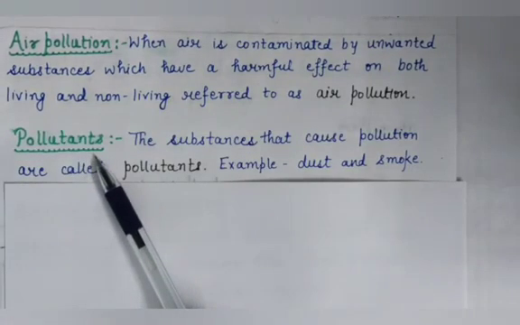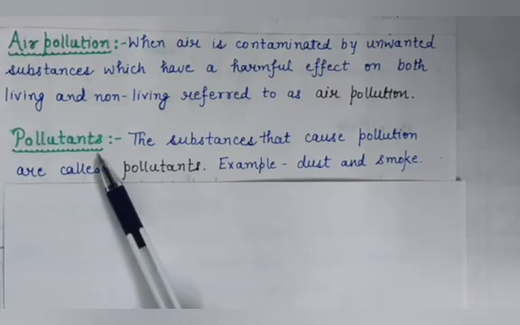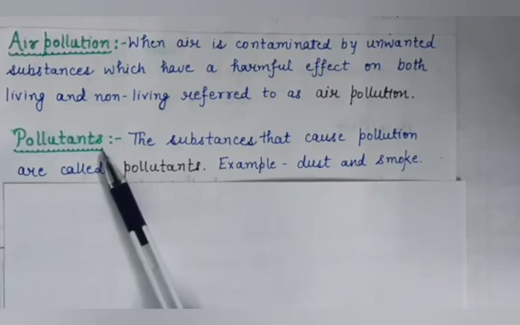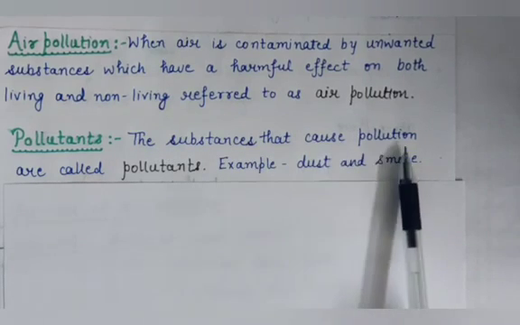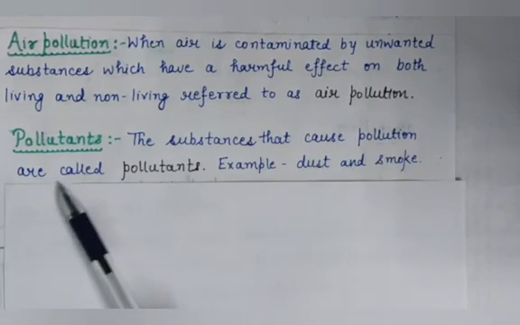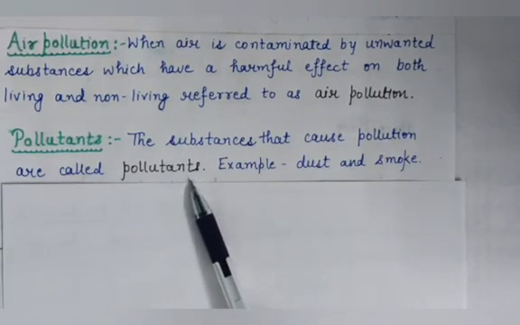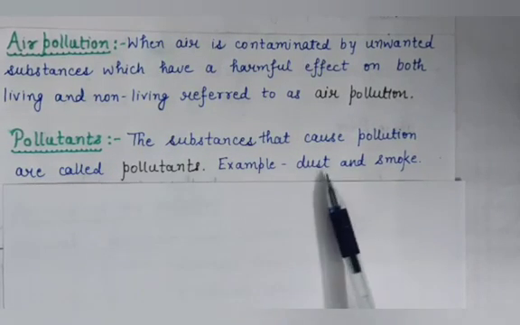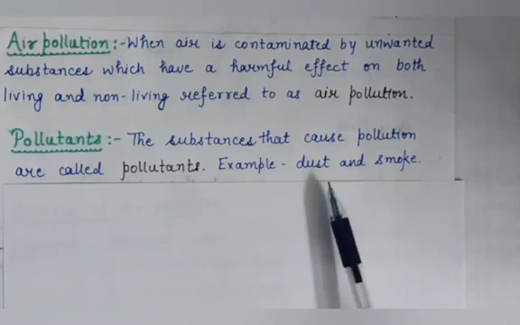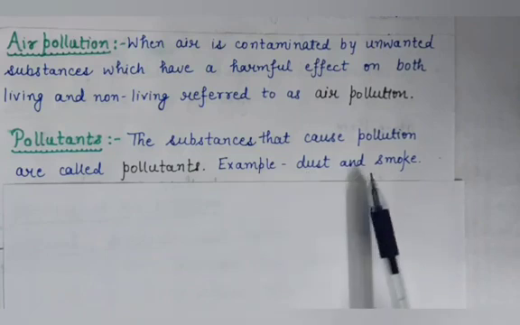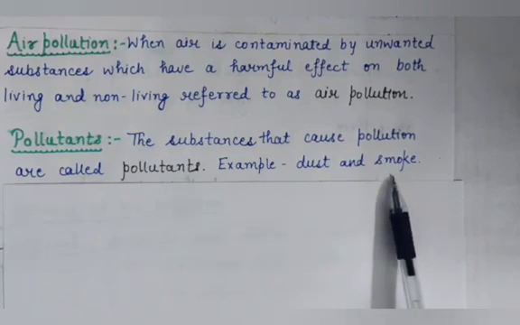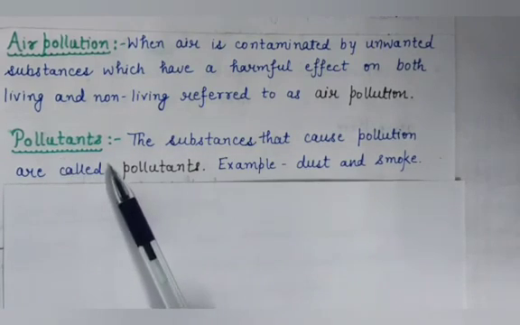So these substances which contaminate the air are called air pollutants. What are pollutants? Means the substances that cause pollution are called pollutants. For example, dust and smoke are responsible to pollute the air, so dust and smoke are called pollutants.